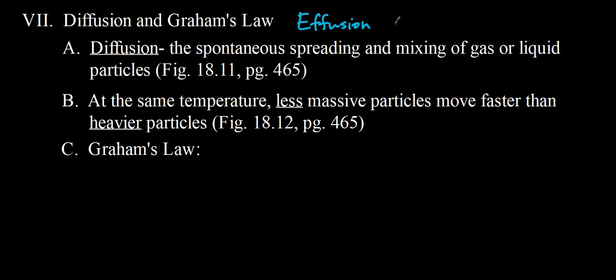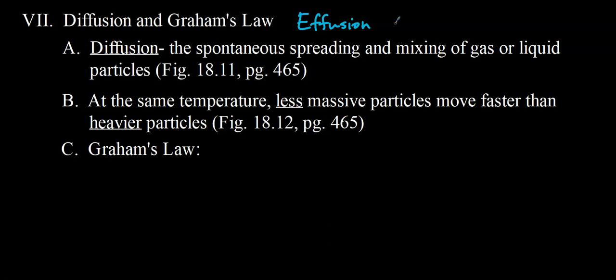If you open the valve, the gas is going to move from left to right, from where there is a lot to where there's not a lot. Eventually, you're going to have equal amounts of helium gas on both sides. We see that with nitrogen as well, but just below that, it doesn't matter what the gas is, it's going to move from where there's a lot to where there's not a lot.